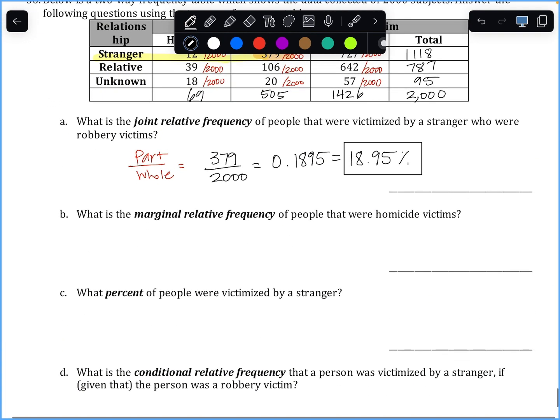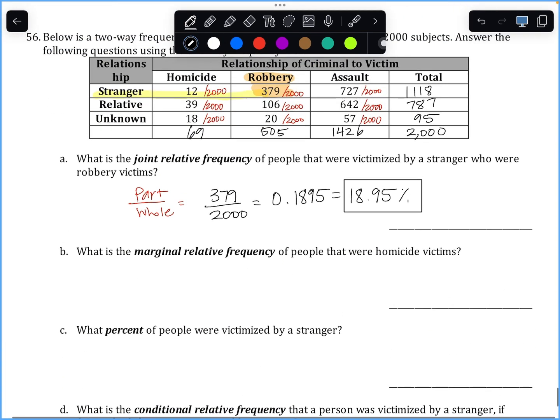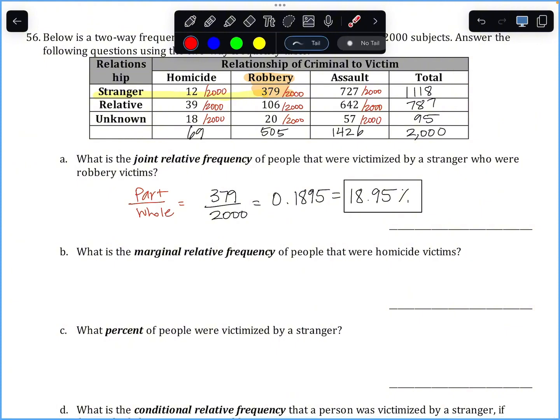All right. Now, letter B, it's marginal relative frequency. So we've got to look at the totals, right? What's in the margin right here. Of people that were homicide victims, we look at the homicide and we look at the margin. How many is that? Well, we've got to make sure it's relative frequency, so these are also out of the total, out of the whole of 2,000.